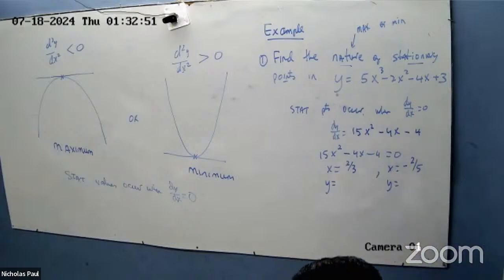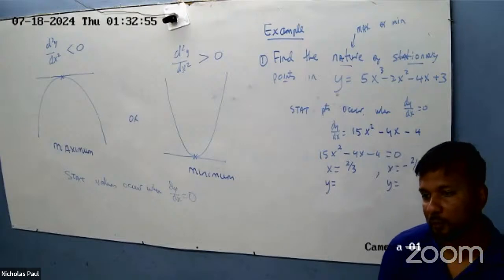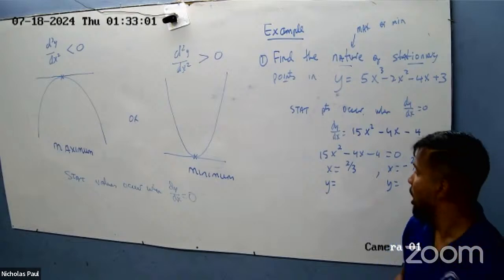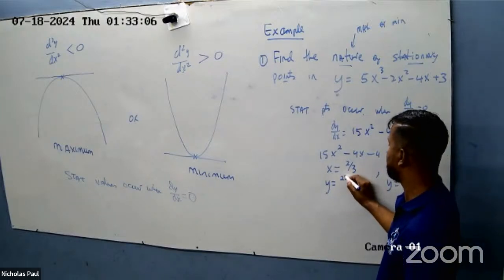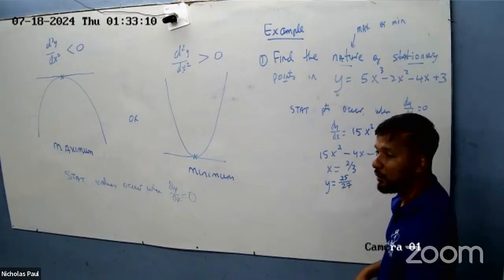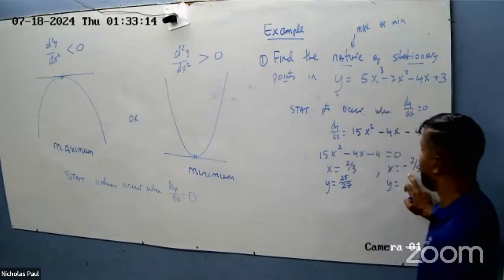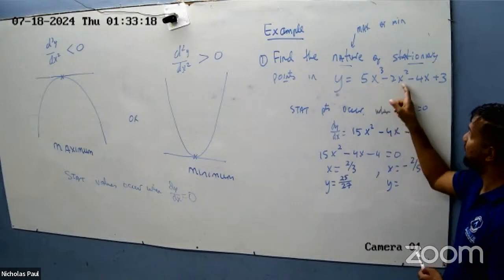I get 15 over 27. Renisha got 15 over 27 too, so you go with that. Put it in the calculator. I'm waiting on the other one, doing this one first. Put minus 2/5 in here.